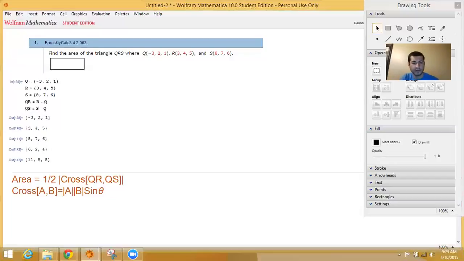Now this formula, the magnitude of A times the magnitude of B sine theta, is analogous to our basic formula for the area of a parallelogram, which is simply base times height. Where the magnitude of A is the base, if you take the sine of theta and multiply it by the magnitude of B, that'll give us the vertical component of B, which is the height of the parallelogram.